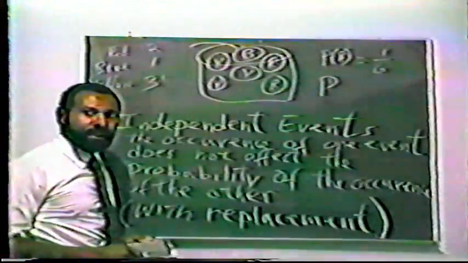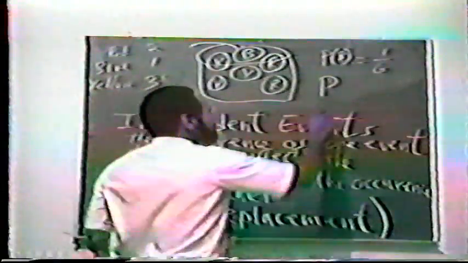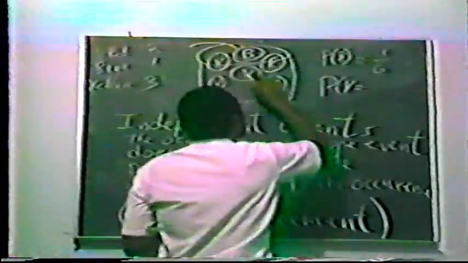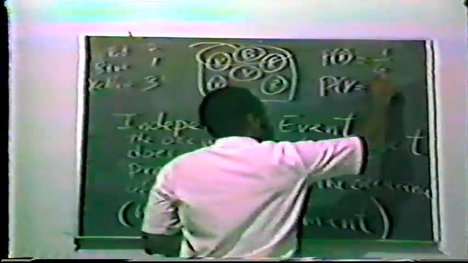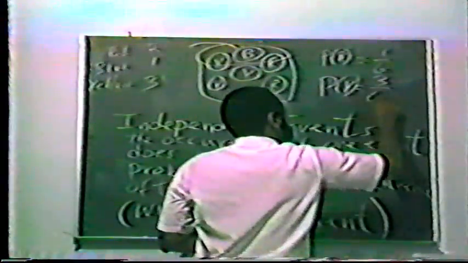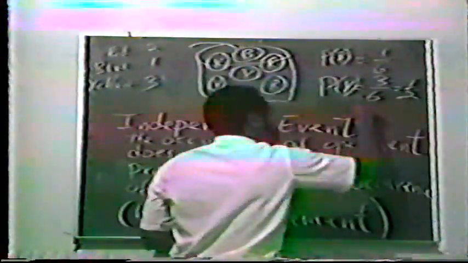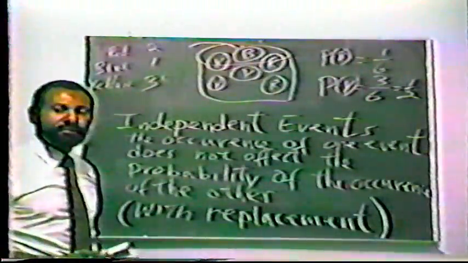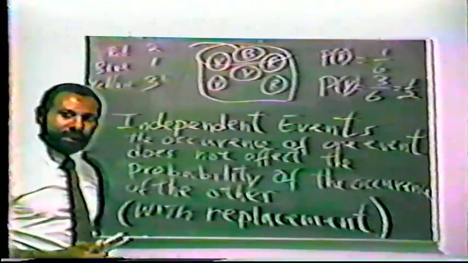Before we take the blue ball out, the probability of getting a yellow ball would be 1, 2, 3. There are 3 yellow balls. We have a total of 6 balls. The probability of getting a yellow ball would be 1/2 before we take the blue ball out.